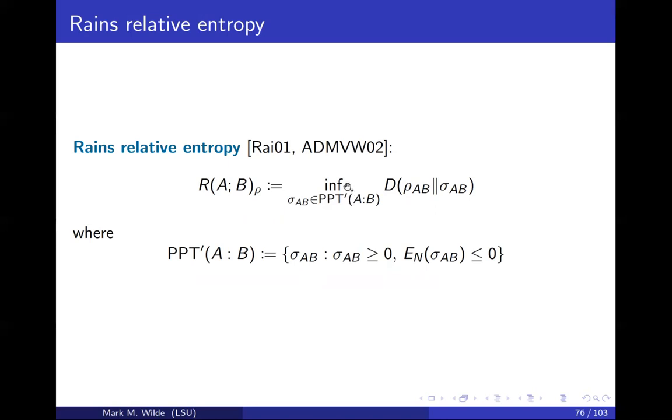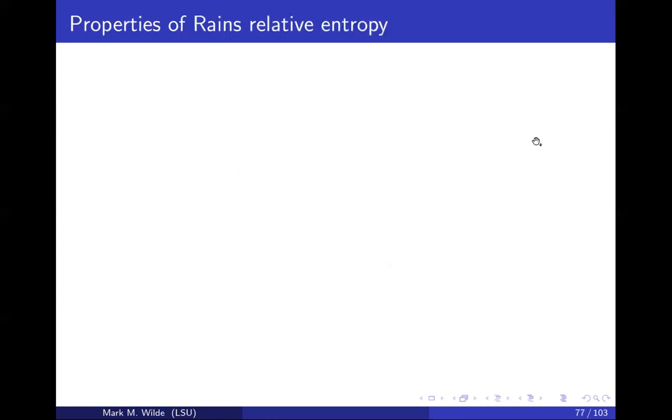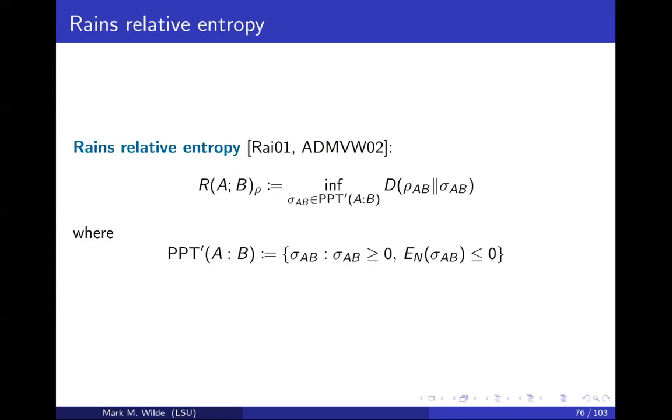And instead of optimizing over the set of separable states, he said, let's define a new set where we include all positive semi-definite operators such that their log negativity is less than or equal to 0. So that will include the PPT states where this is saturated, but it's also going to include more positive semi-definite operators that are not necessarily states. So that was the idea that he had. It was very brilliant. And this entanglement measure gets used a lot.